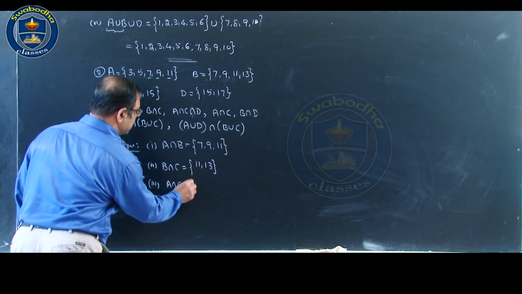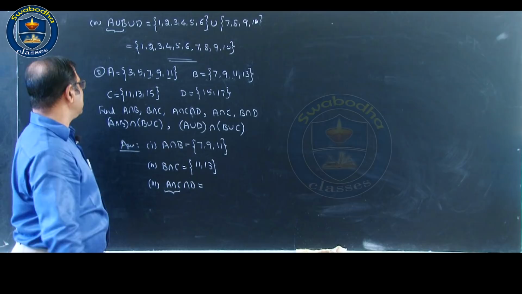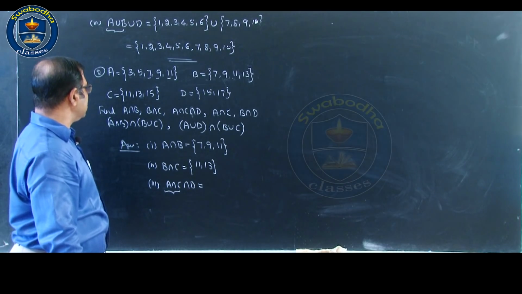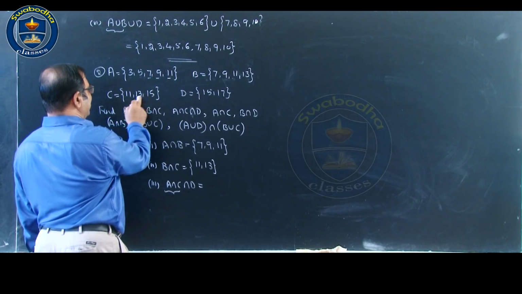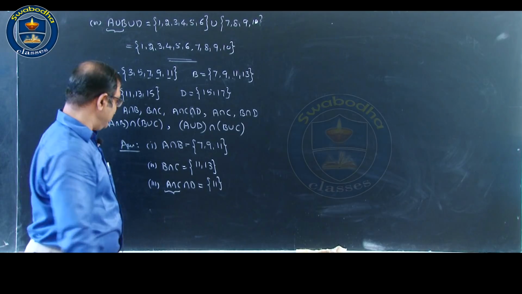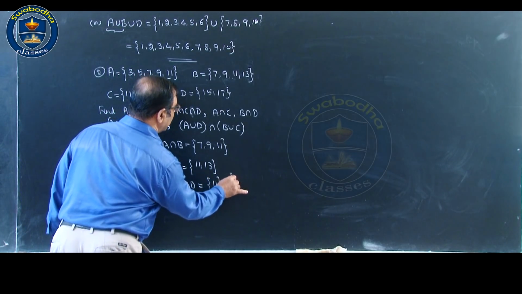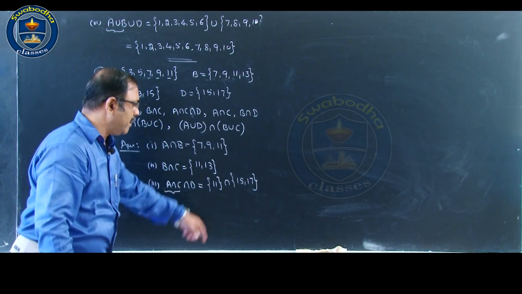Next, A intersection C intersection D. First you write A intersection C. What is that? 3, 5, 7, 9, 11 and 11, 13, 15. It is 11. Intersection D, 15, 17. Is any common element there?